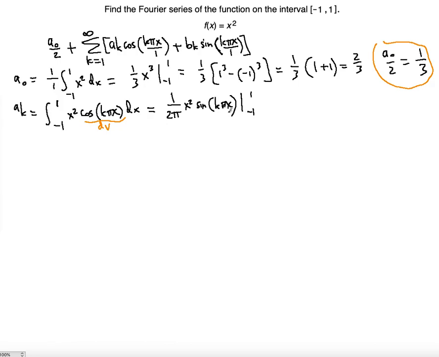Now I want you to understand that this is going to be 0, because when you substitute in the x, sine of k pi, k will be an integer, right? Because this is what summation means. K will be an integer. Sine of any integer multiple of pi is always 0, right? So this whole thing is going to be 0.